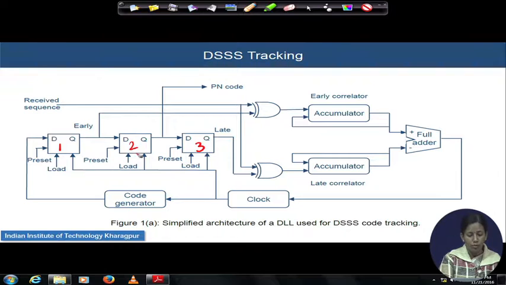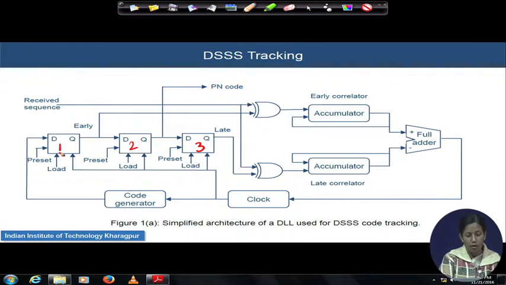Remember, the output of stage 2 is utilized for the correlation of the incoming signal with this locally generated PN code. So the second stage is always considered to be the most correctly in-sync locally generated sequence, which is directly multiplied with the incoming signal for the despreading process.